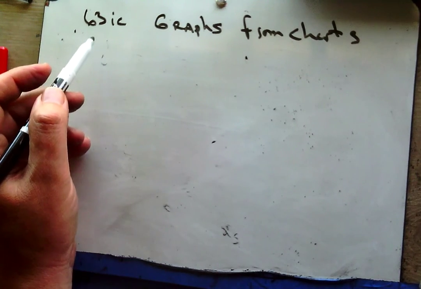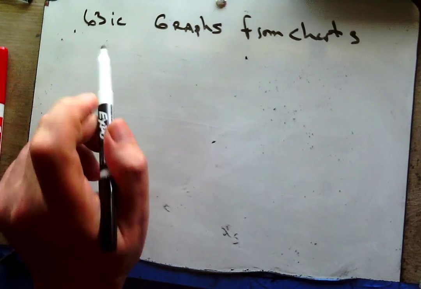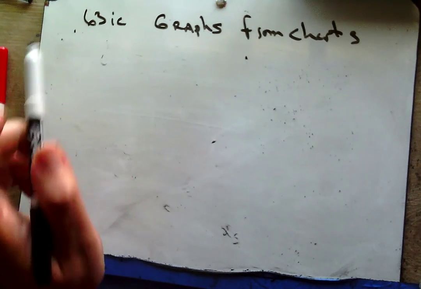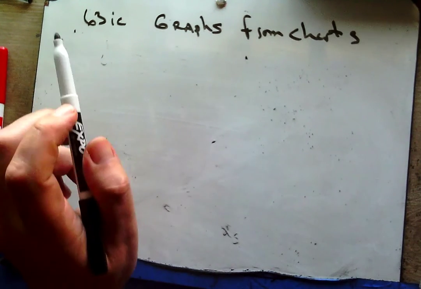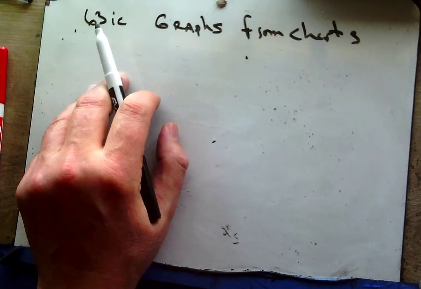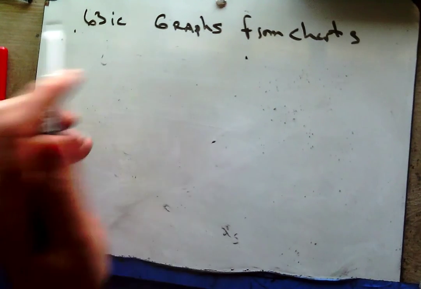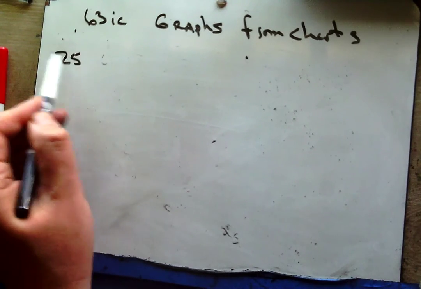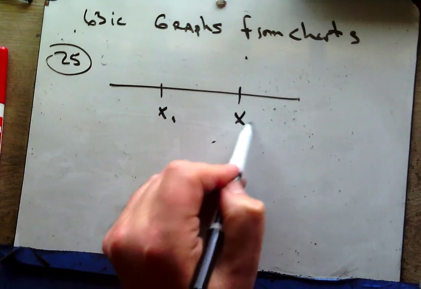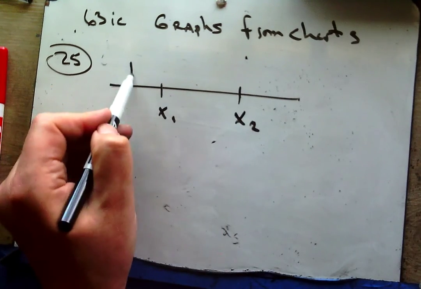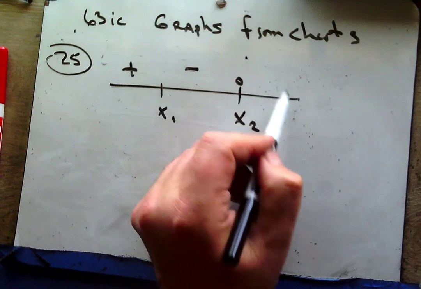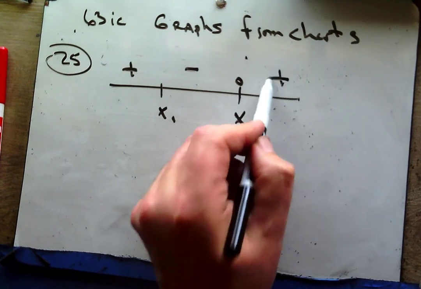25. Ooh, undefined. Remember, while y prime is undefined, it doesn't mean that y is undefined. Our function is supposed to be continuous. So when y prime is undefined here in problem 25, what that tells me is I have a vertical slope. Okay? So 25. We've got x sub 1, we've got x sub 2, we've got y prime is positive, y prime is negative, y prime equals 0, y prime is positive.